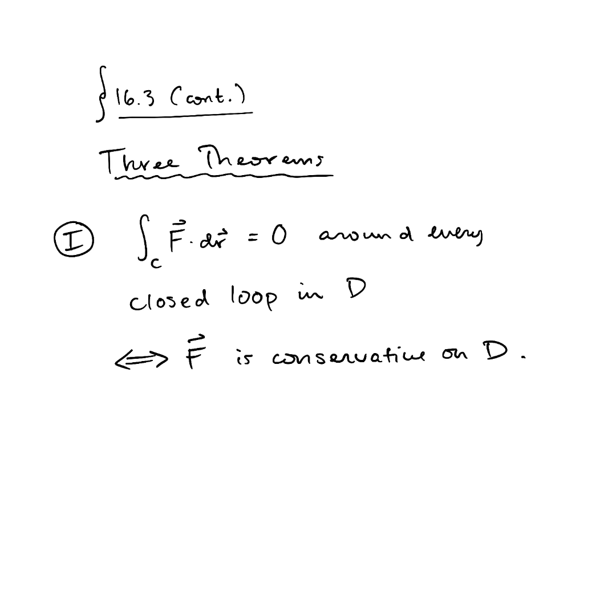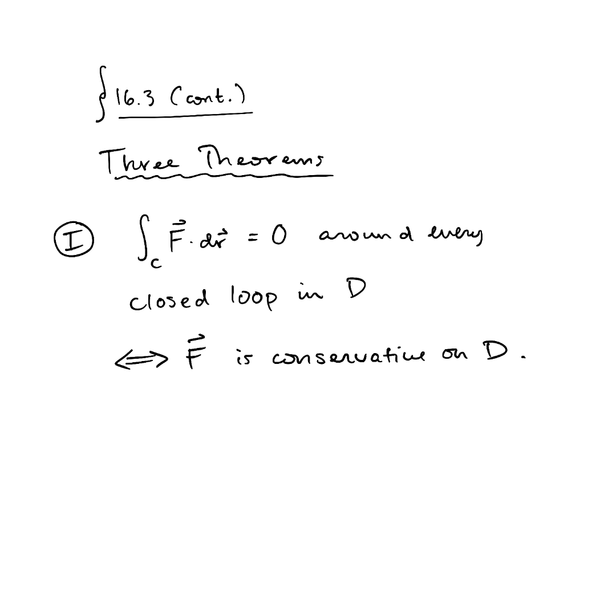Okay, let's talk about all the words in here. F dot dr, we understand that that's a line integral of a vector field. Closed loop means a curve C whose initial and terminal points are the same. That double arrow symbol means if and only if.